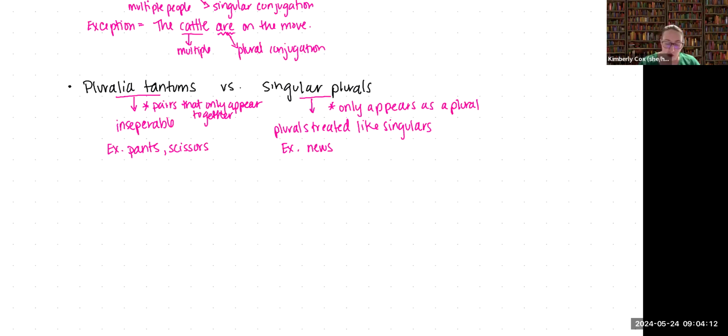So pants, scissors are really good illustrations of that. In addition to news, it would be things like playing cards, right? You wouldn't say I was playing card. You would say I'm playing cards. Something like measles, right? You never just have a measle. It's measles. So useful, I think, to be aware of these.